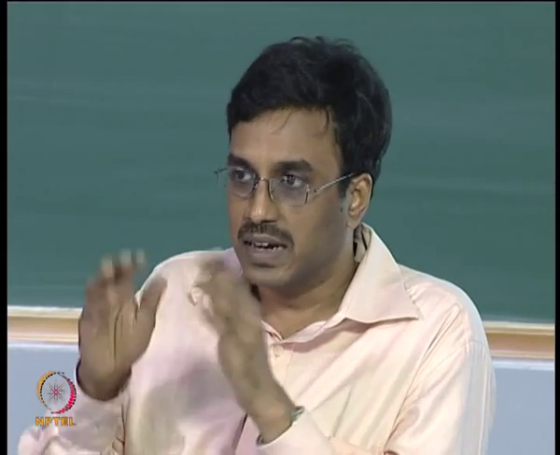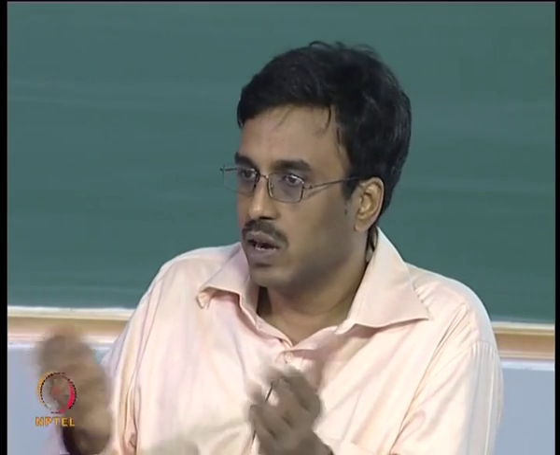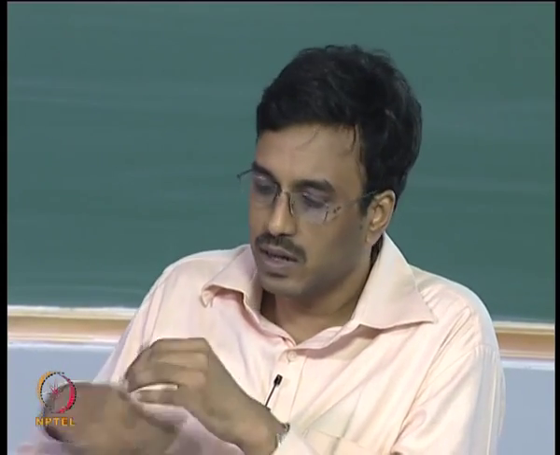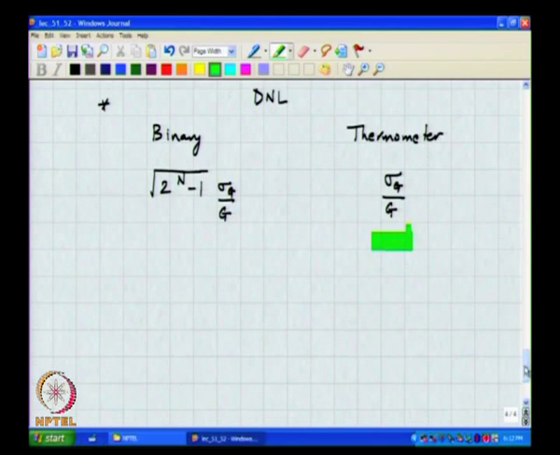So, if the DNL is a spec, which it will often be, right. So, let us say you want a sigma DNL of say 0.25 LSB, this is just let me say 0.1 LSB. So, that 3 sigma DNL is 0.3 LSB, right.